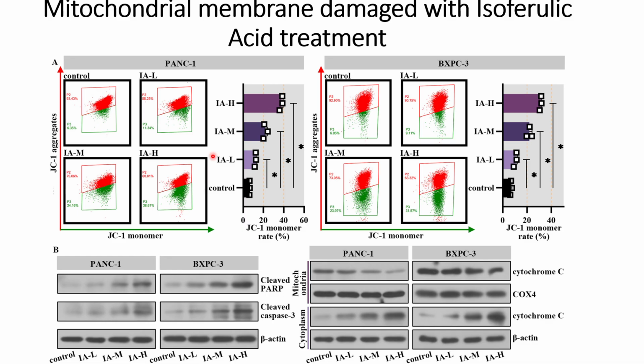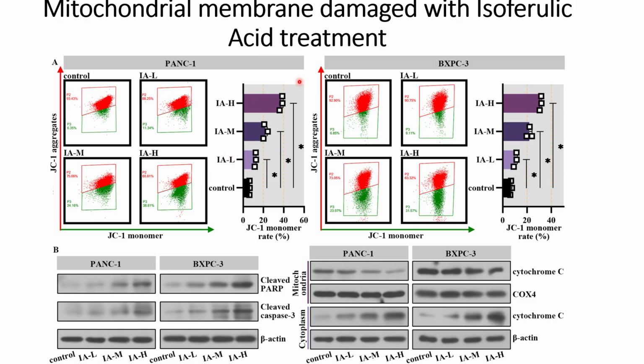So this indicates that isoferulic acid will affect the mitochondrial membrane, which might trigger apoptosis. And the quantifications are shown on the right hand side. Here we can see that the JC1 percentage monomers are increasing with a dose-dependent increase in the isoferulic acid.